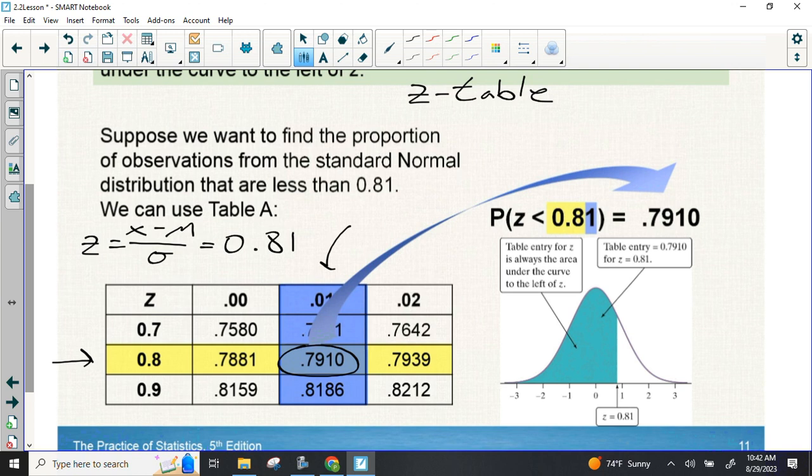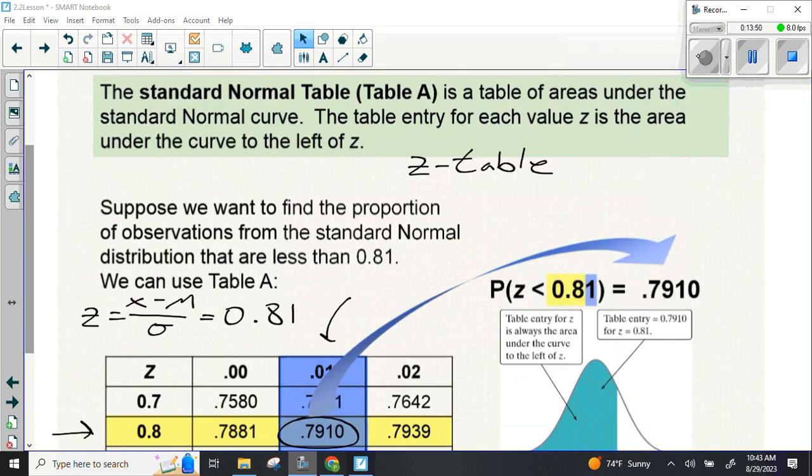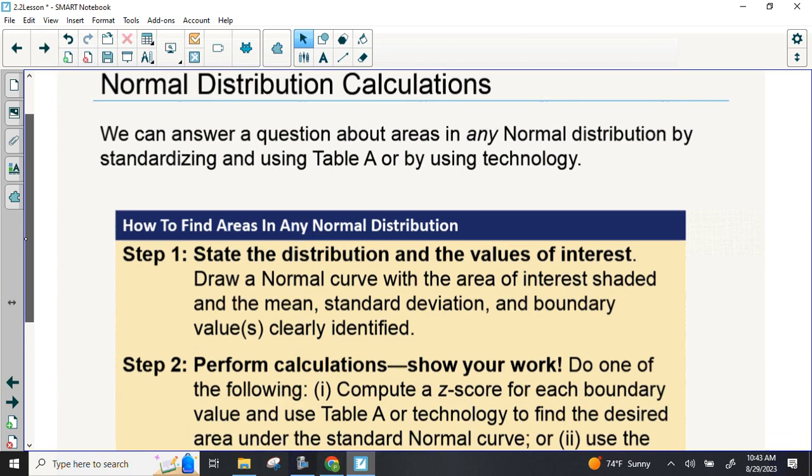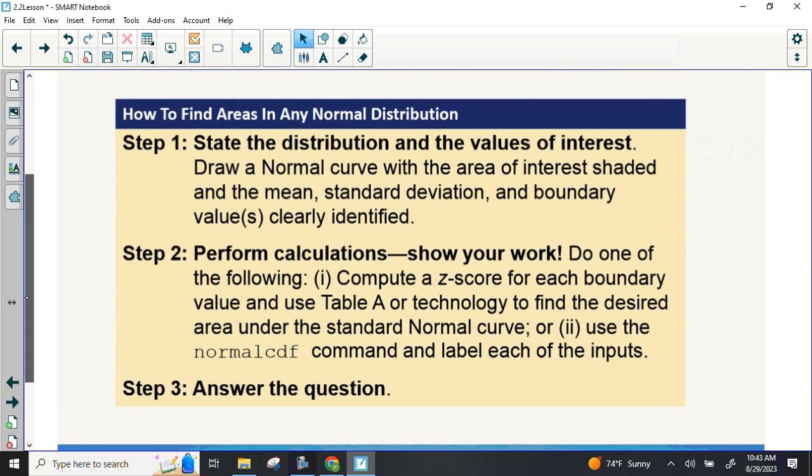And we'll do a bunch of examples where we actually work through that, finding a percentile from a z-score, lots and lots of times. We're going to just do this. You don't need to write this down.